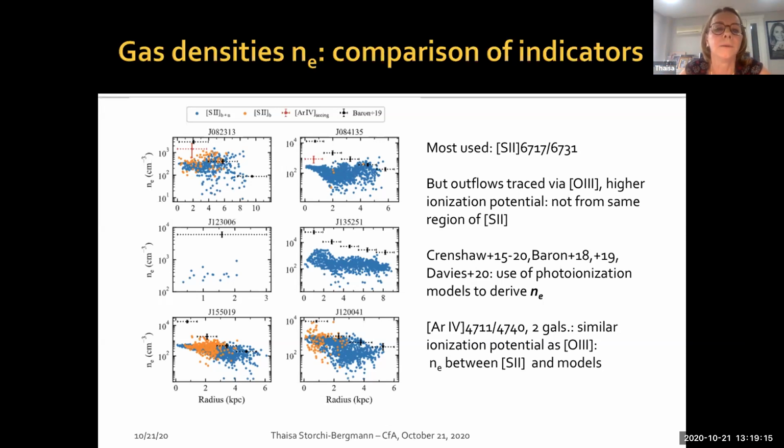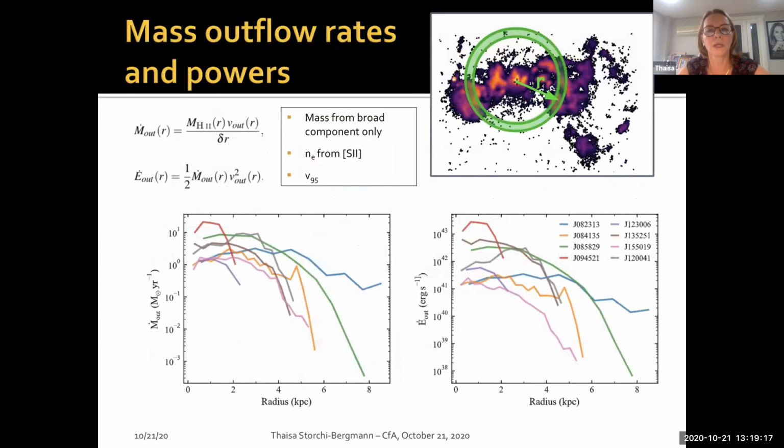Okay, and then we calculated the mass outflow rates and powers. To calculate them as a function of distance from the nucleus in concentric rings, we use these expressions. We use for the outflow only the mass of the broad component.